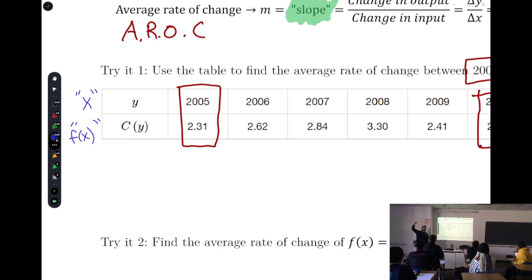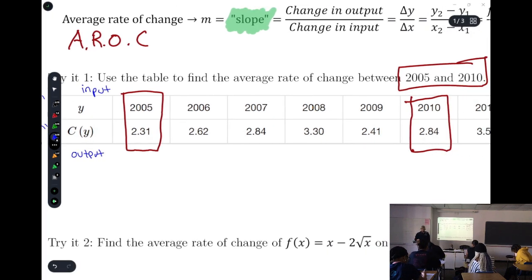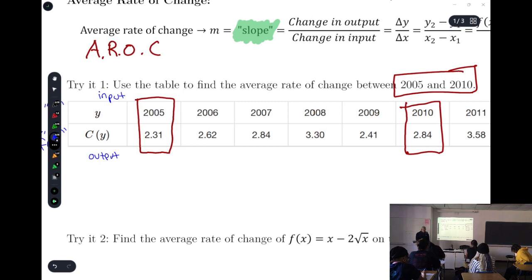I just see the top as an input. I input the year. I get an output, I don't know, whatever 2.3 is, million people. Okay, here we go. I know that's mean. I do. I didn't make up the problem.